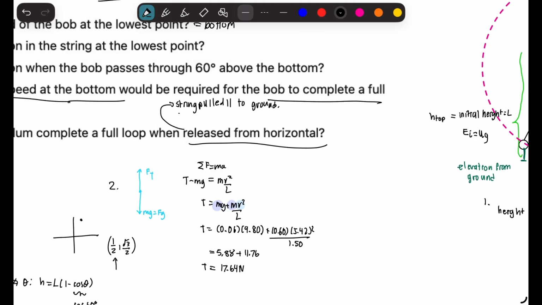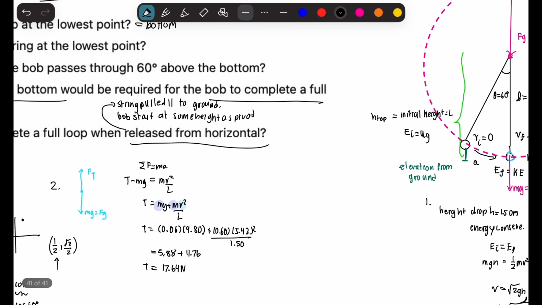So that means that the bob starts at the same height as the pivot. The bob is going to start at the same height as the pivot. So the bob is going to be raised to a vertical height equal to the length L.